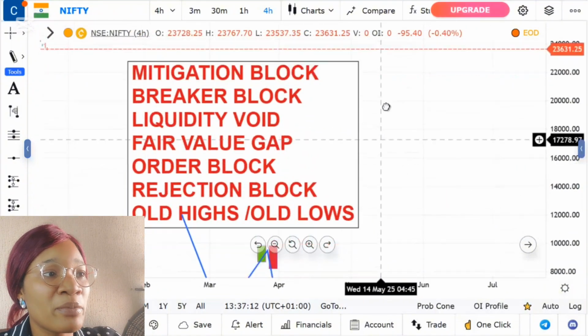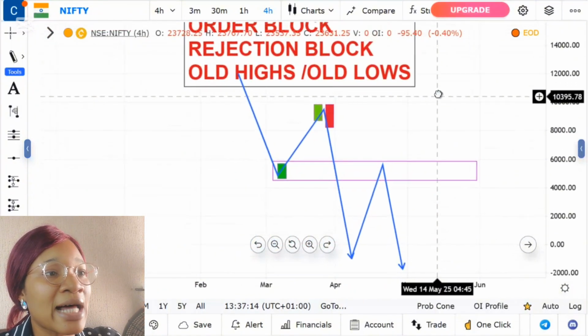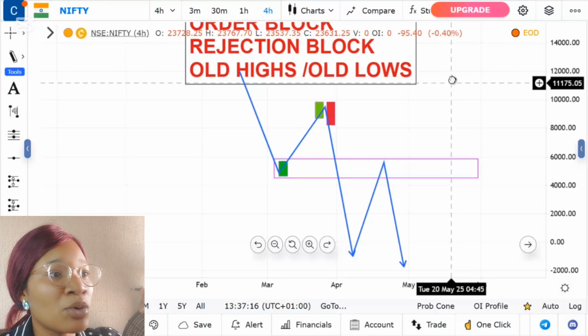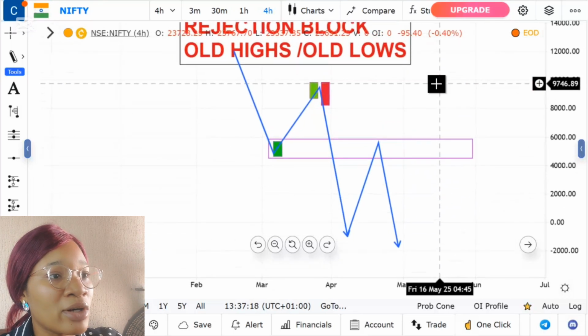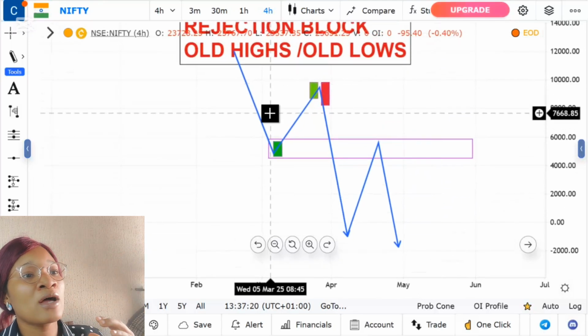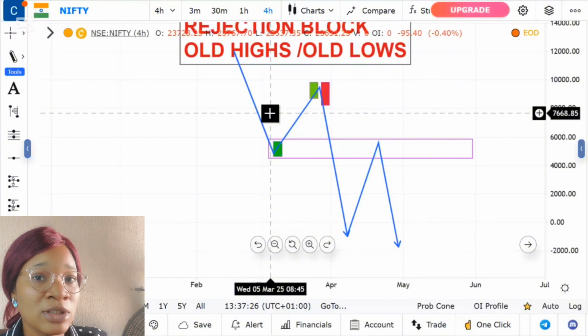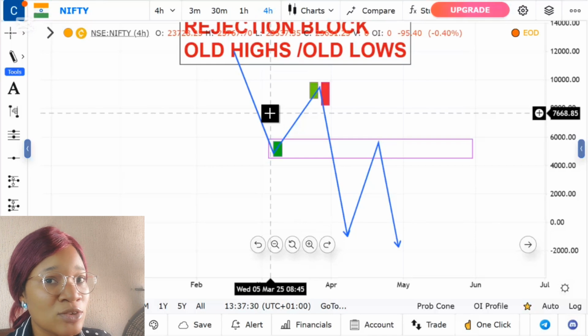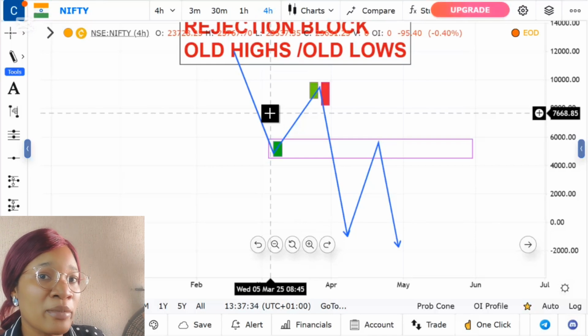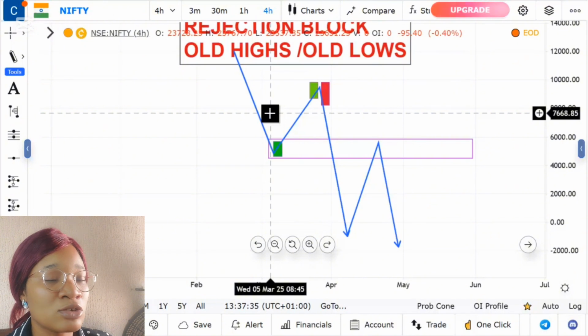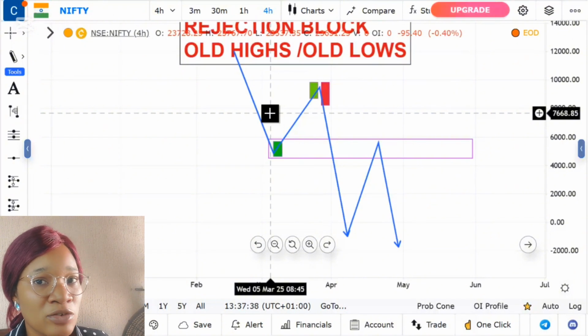There are others. We have the breaker block. The breaker block is almost like the mitigation block, but you don't find it all the time. You usually find it when price is moving from a buy side to a sell side, or from a sell side to a buy side, meaning price is moving from a buy trend to a sell trend, or from a sell trend to a buy trend.